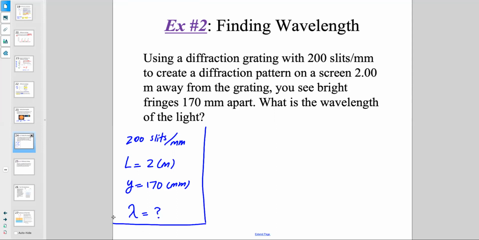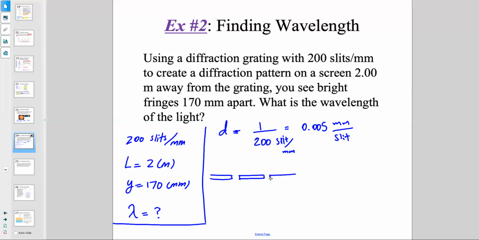Now let's take a look. We have 200 slits per millimeter. It means the distance between the slits, from one slit to another, is 1 over 200 millimeter. This gives us 0.005 millimeter per slit, which means that if this is our first slit and this is our second slit, the distance between them, d, is 0.005 millimeter.